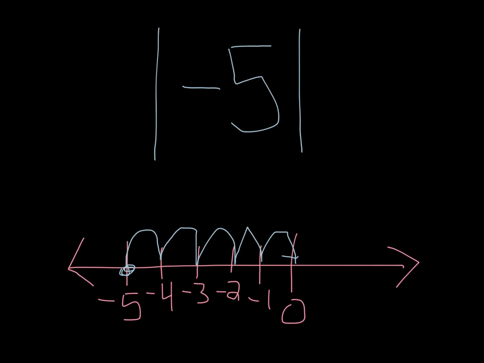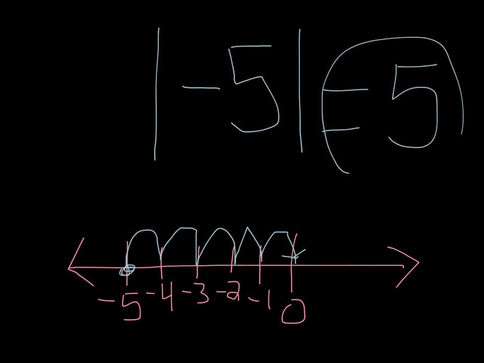Therefore, the absolute value of negative 5 equals just 5. It would be 5. Remember, whenever you take the absolute value, it's going to end up being just how far that number is from 0.